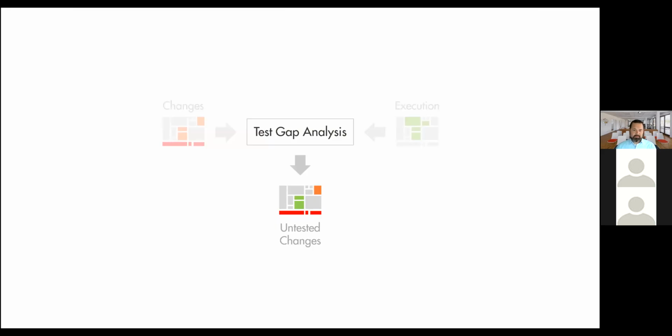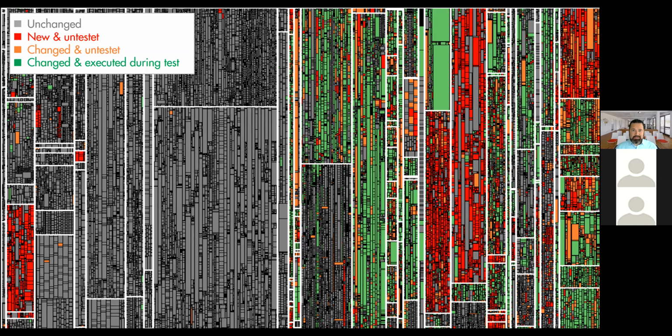So how does that look if we put that information together? On this map, we see the test gaps. Now, gray means not changed since the last release. And empirically, we know that the defect density in those areas is lower than in the rest, because we've tested them in previous releases and users have already reported bugs for them.